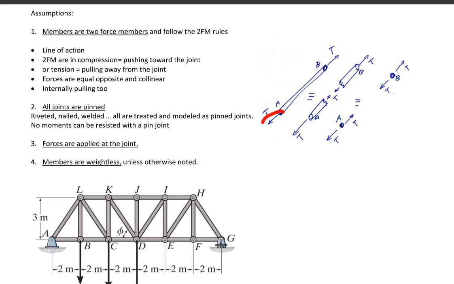In other words, if you pull on this end, pull this way, then the opposing force has to be along the same line of action as the original force. If they are pulling in tension from the ends, then they're also pulling in tension in the middle. In other words, the two-force member is going to be in tension no matter where you observe it, no matter how you cut it. If you were to cut a string in half and pull it from the inside, it's still going to be in tension.